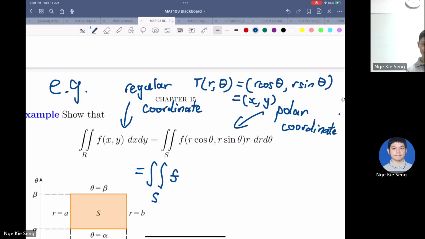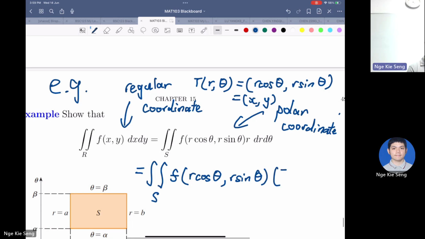After the change of variable, our function becomes something in r and theta, multiplied by the determinant of the Jacobian matrix, multiplied by dr d theta.